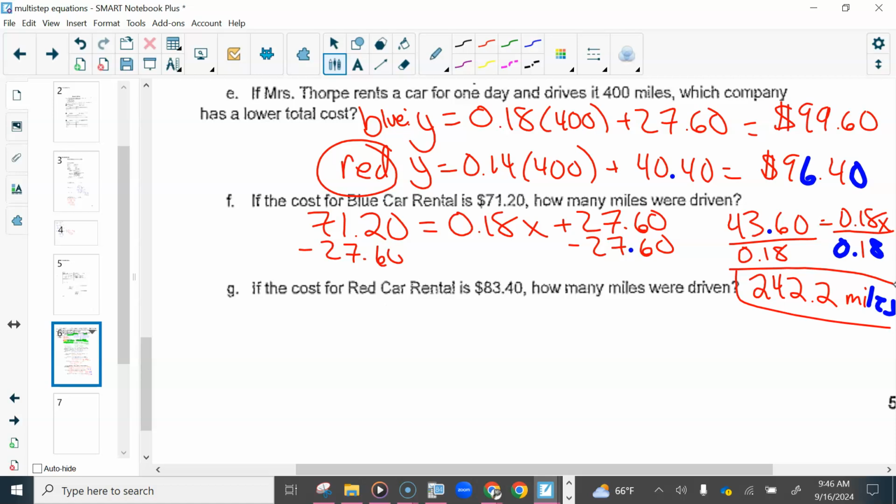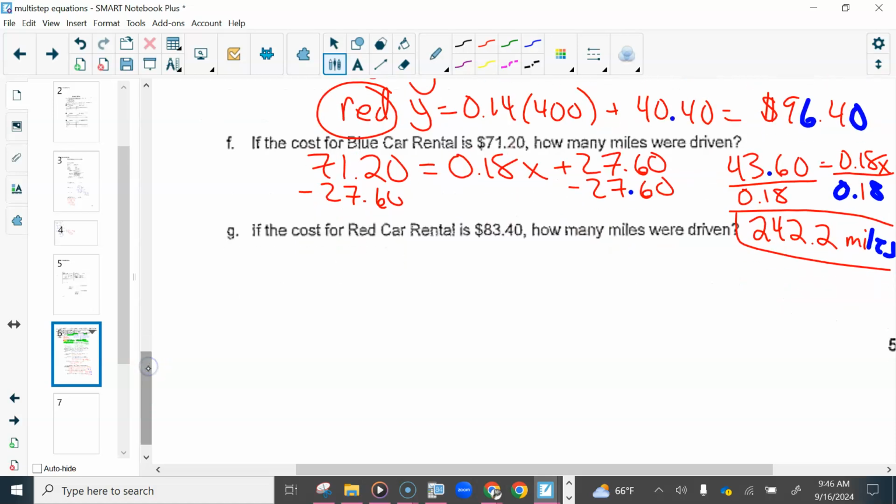Did we have any questions on that part before we do G? G is similar, but now we're using 83.40 and the other equation. So again, subtract.